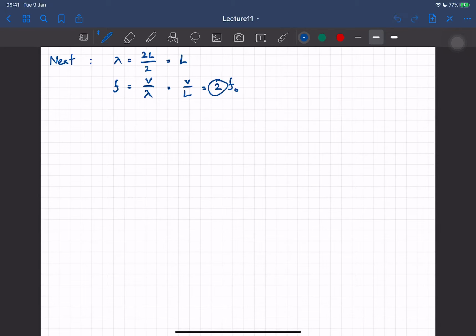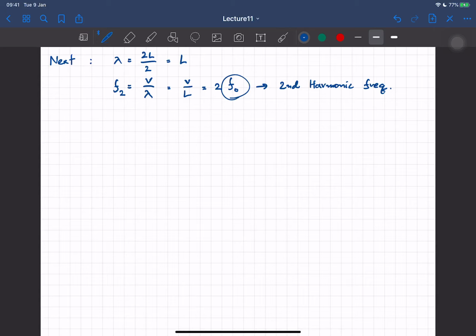Because it's the value 2, sometimes we write this as f2, and it's twice the fundamental frequency, so this is sometimes called the second harmonic frequency.